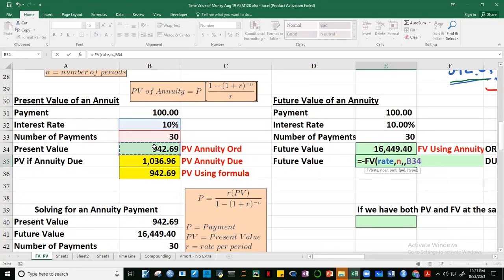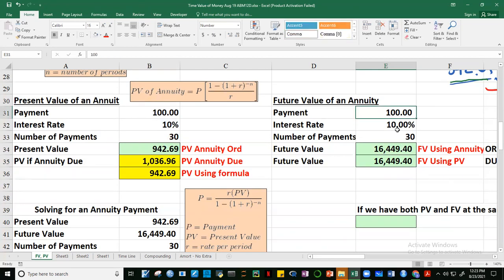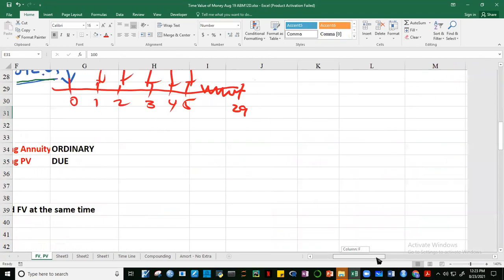Okay, this one. 16,449. Di ba? So whether you compute for the present value, future value using the annuity or using the present value, it will be the same future value.